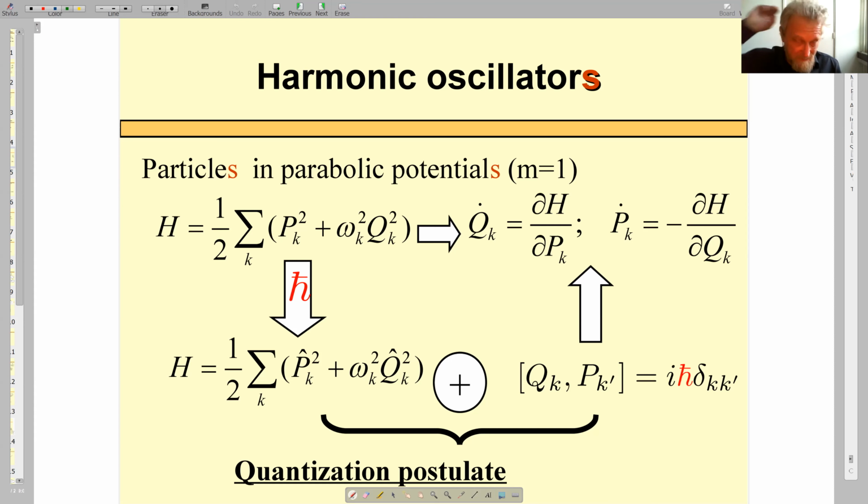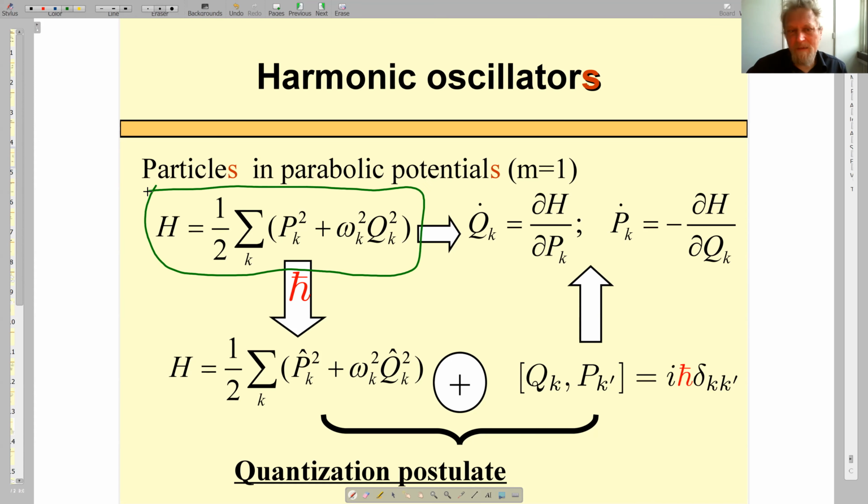And as we see, there is not so much job involved, just more or less repeating all these considerations for many oscillators. Anyway, let me go through the steps. So this is the full Hamiltonian.